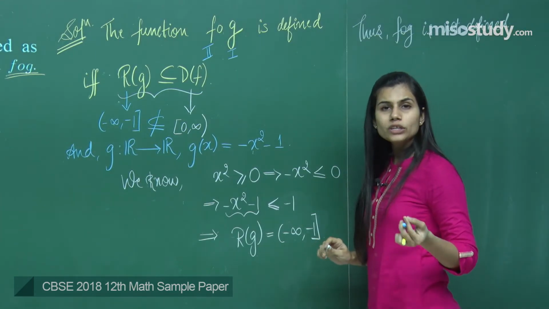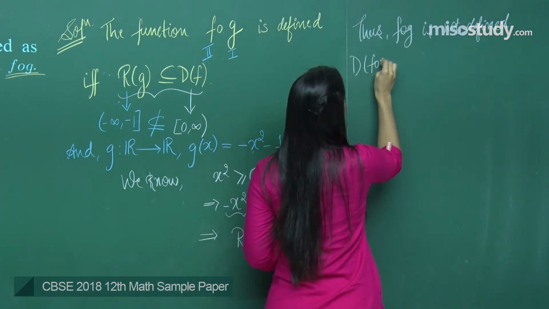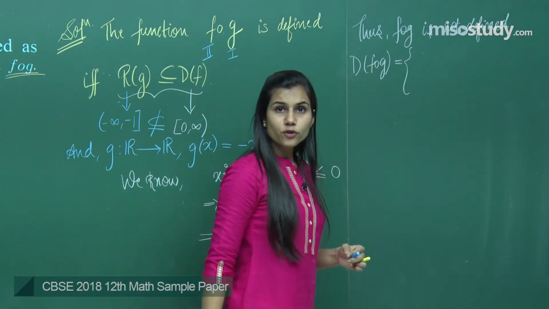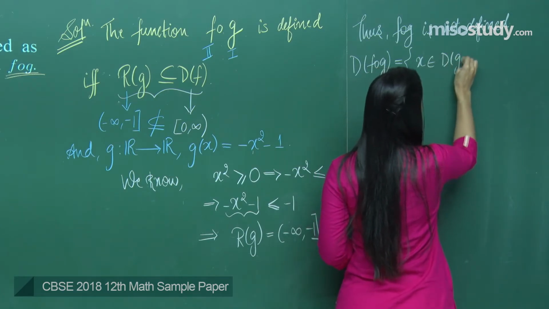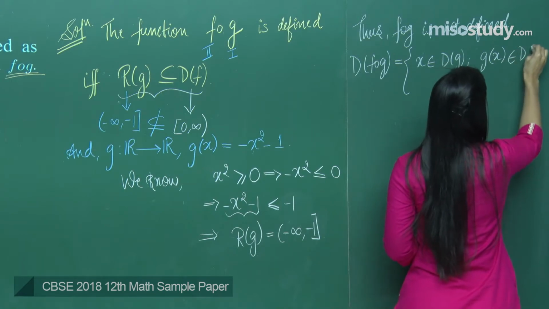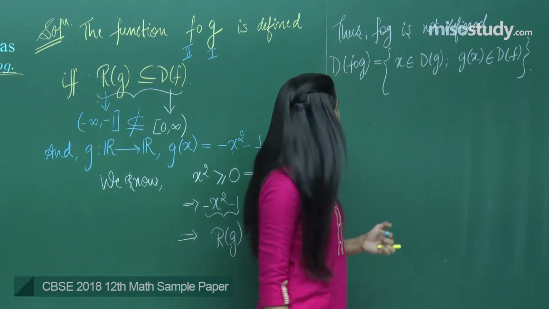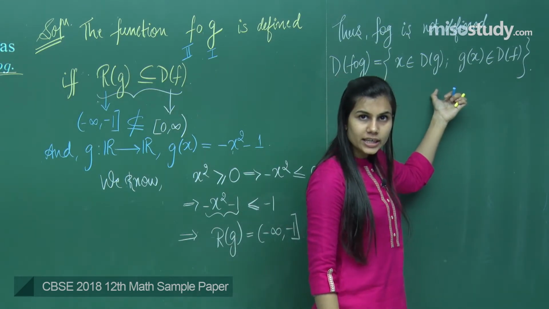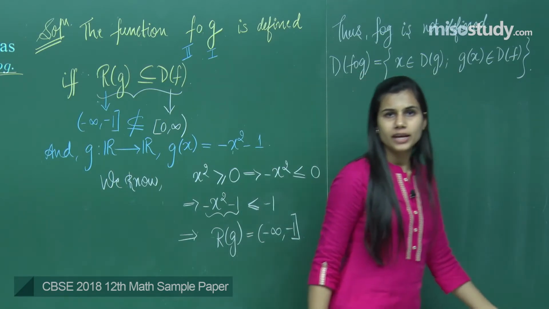In fact, if you wish to move to the analytical approach, let's see what happens to be the domain of FOG. Domain of FOG will be all those x belonging to the domain of g such that g of x belongs to the domain of f. That is the meaning of domain of FOG: those points of domain of g such that their images under g are part of domain of f.